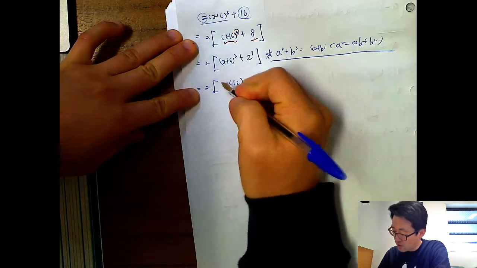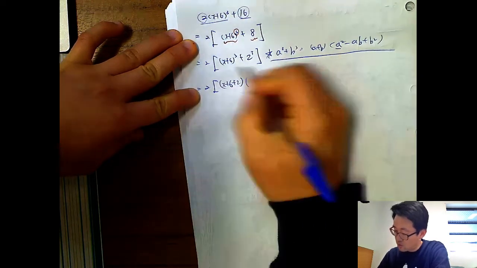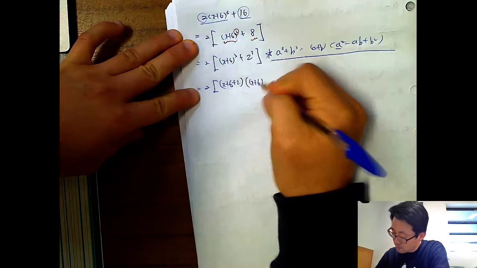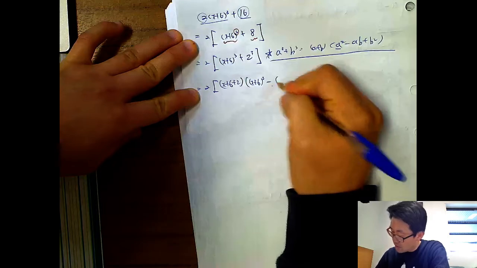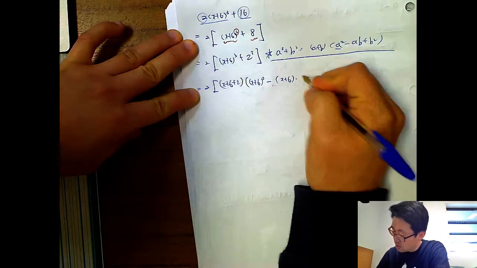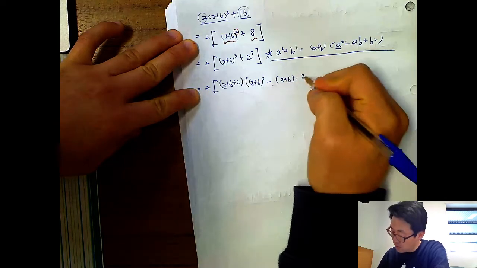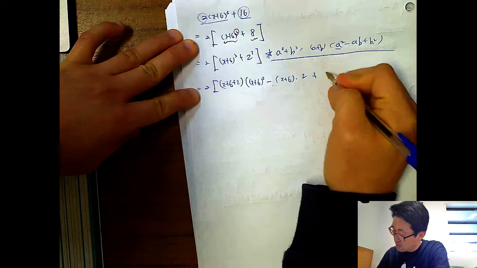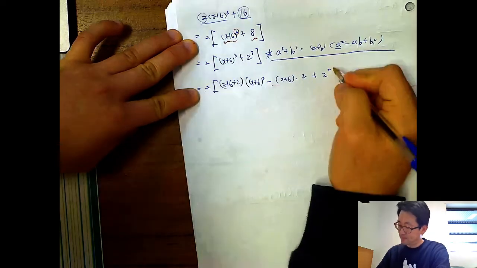I'll just write it down: bracket, bracket, a squared, (x plus 6) squared, minus a times b, (x plus 6) times 2. I can do it at once as well, but I'll just write it down this time, plus b squared, 2 squared.